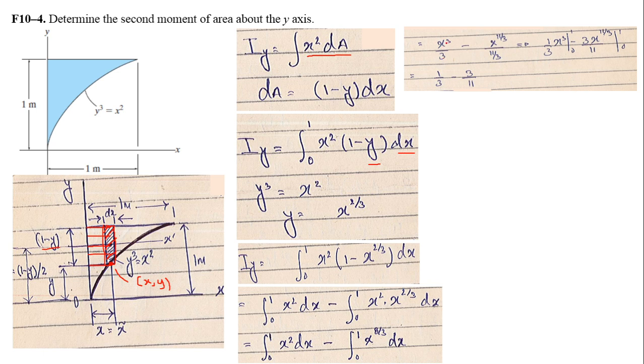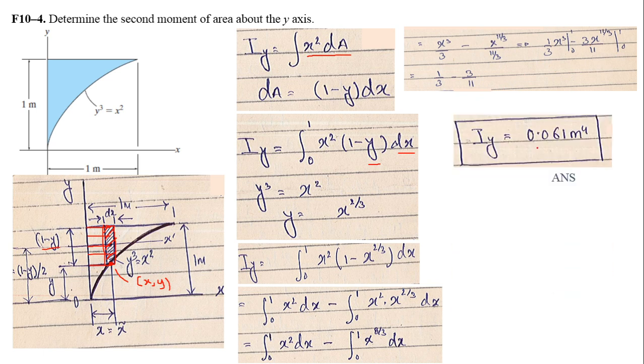The first integral will become x cube upon 3, minus the second integral, which will become x to the power 11 by 3 divided by 11 by 3, and you take the limit from 0 to 1 and solve this, and you will get the result Iy.